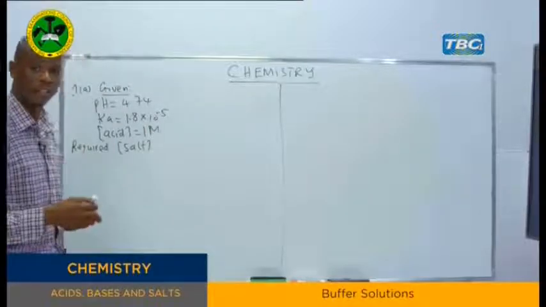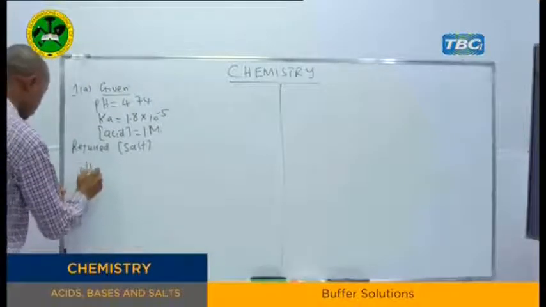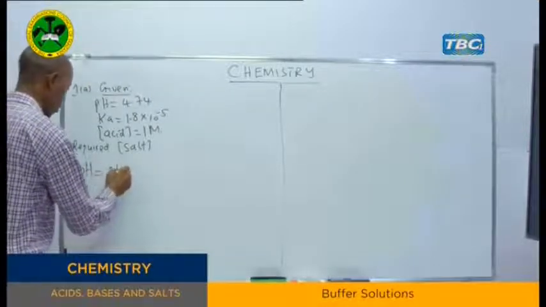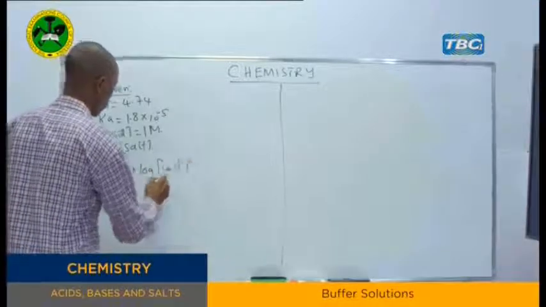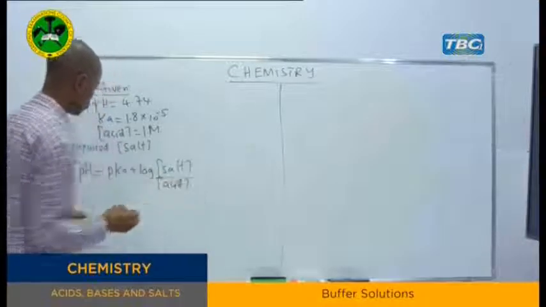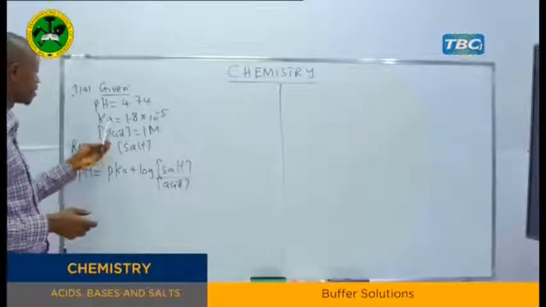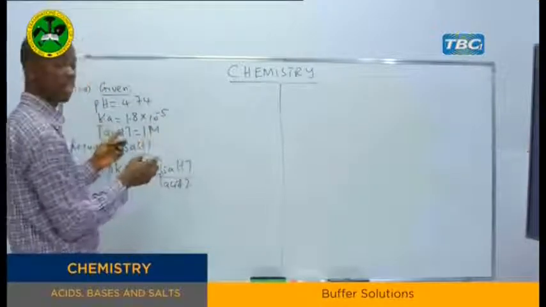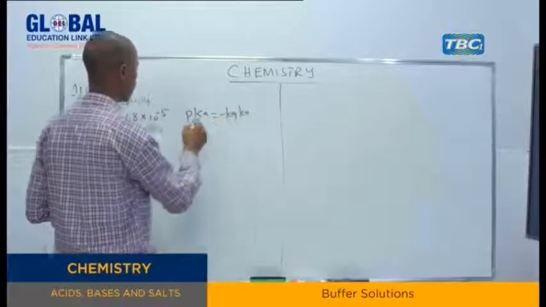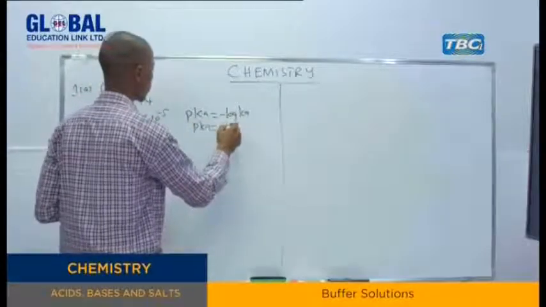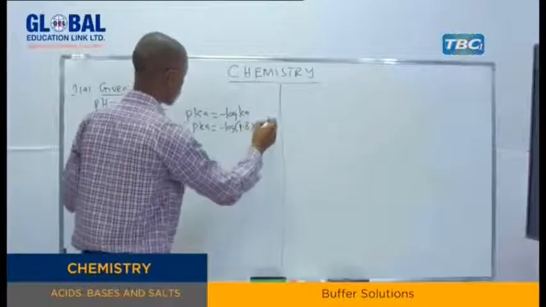Now, do you remember the pH equation for the acidic buffer solution? Yes, here it is. Because we have pKa and this is Ka, and you know that the formula for pKa is equal to negative logarithm of Ka, therefore pKa would be equal to negative logarithm of 1.8 times 10 raised to -5.